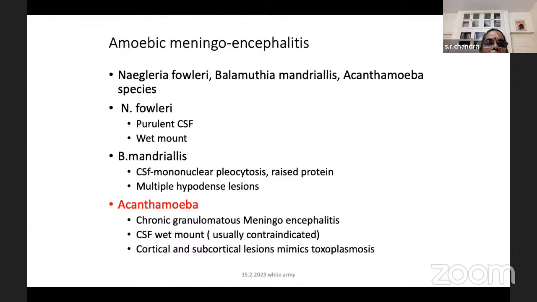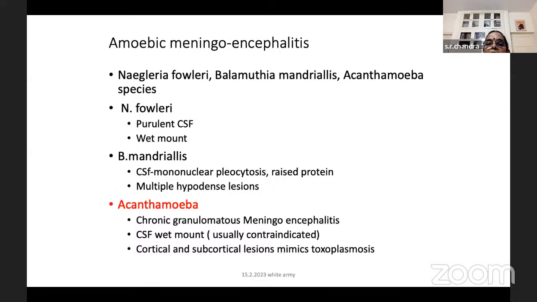So you have Naegleria fowleri, Balamuthia mandrillaris, and Acanthamoeba species, and they produce purulent CSF, and it can be picked up in the wet mount itself. Acanthamoeba produces chronic granulomatous meningoencephalitis, and in an immediate CSF sample, like Cryptococcus, you can see that, and the lesions in the brain resemble toxoplasma.